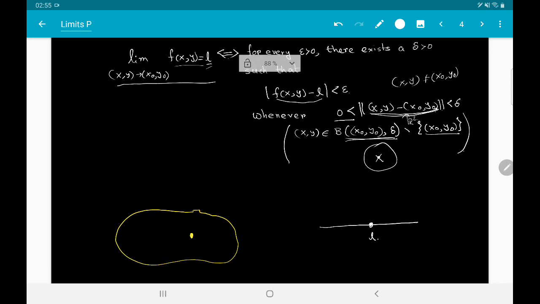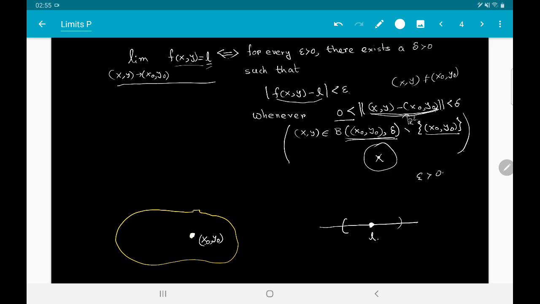So if I want to explain this in terms of pictures, what do I do? Suppose that this point is given by (x0,y0), and suppose that this is L. I say that the limit of f(x,y) as (x,y) goes to (x0,y0) is equal to this number if and only if the following is true. You give me an epsilon which is bigger than 0.